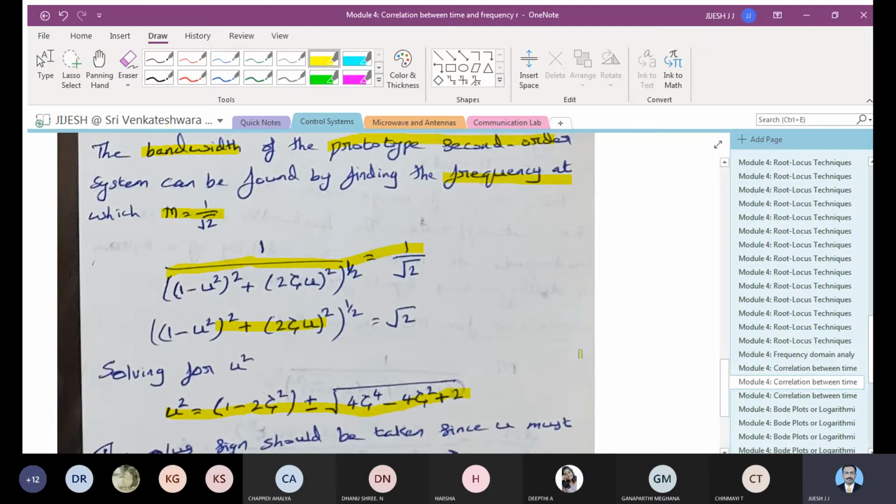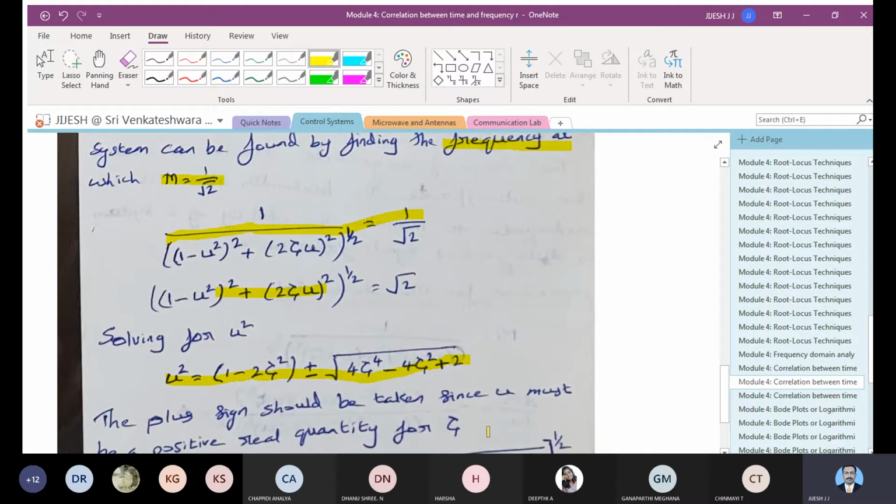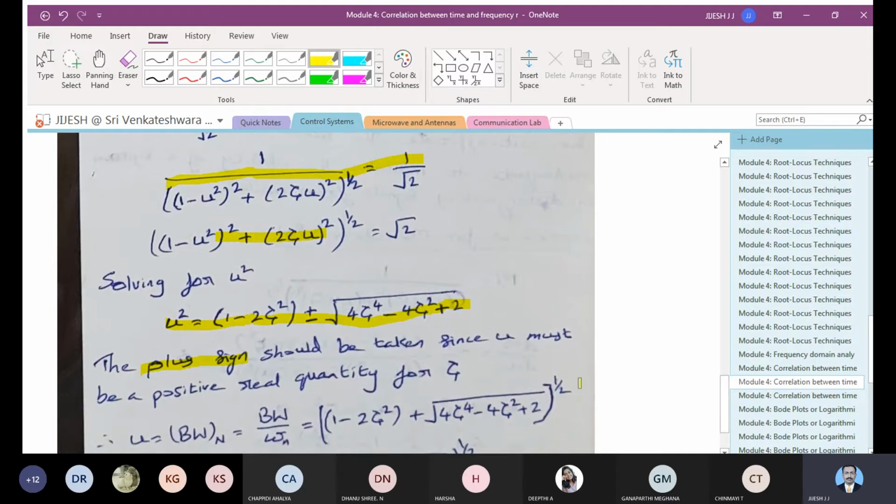So when you solve it for u square, you get 1 minus 2 zeta square plus or minus this term. What you can understand is that the plus sign should be taken since u must be positive. It is compulsory that the value of u must be positive, so instead of plus or minus, we will go with plus, since u must be a positive real quantity for zeta.